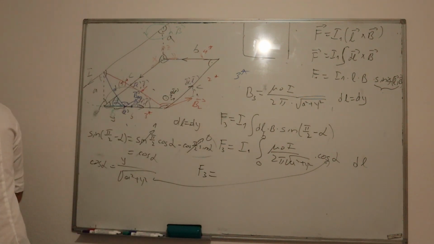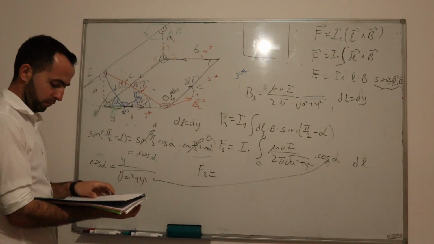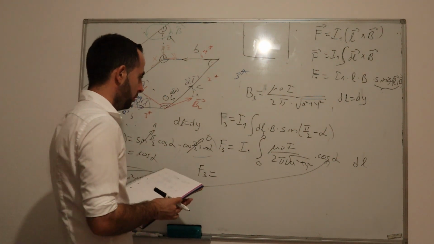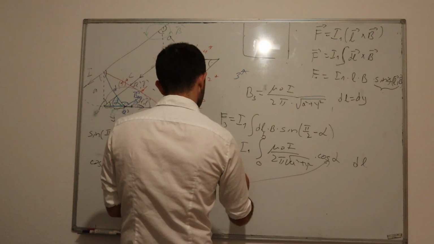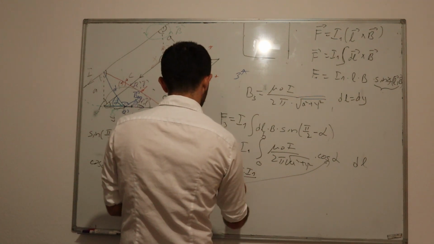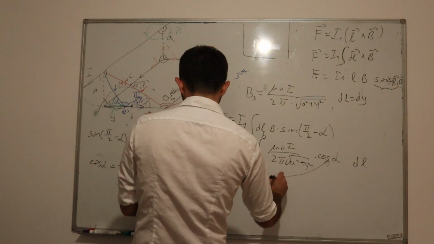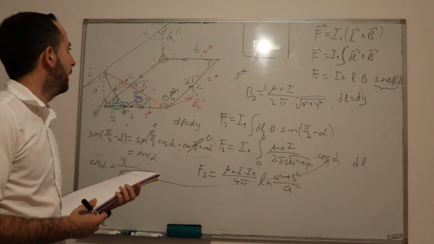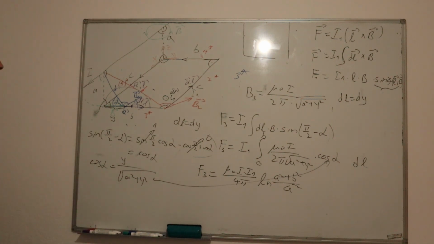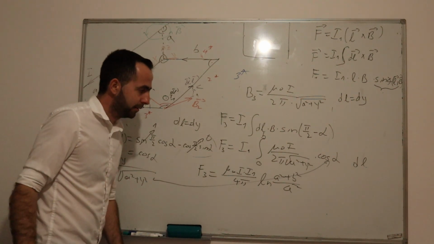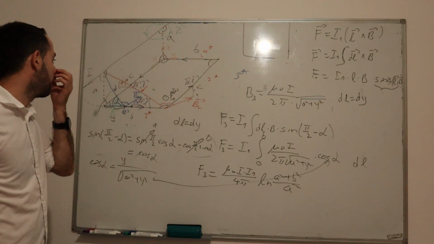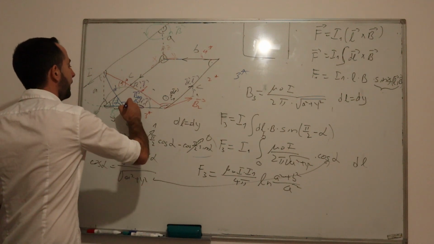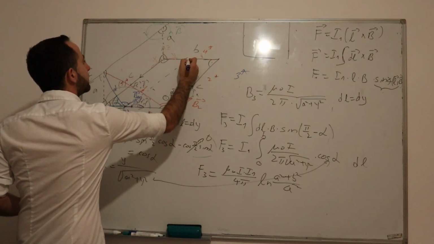So we will get that F3 is equal to mu0 I times I1 divided by 4 pi times the natural logarithm of a squared plus b squared divided by a squared. And then what is left? Well, we only have to calculate this fourth case.